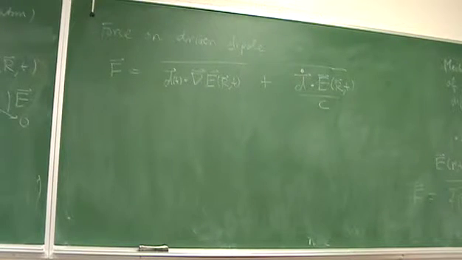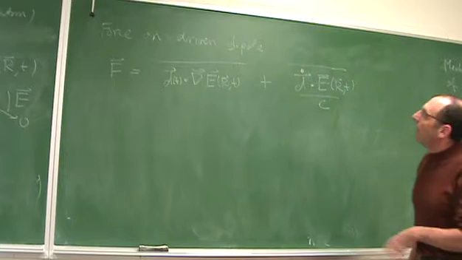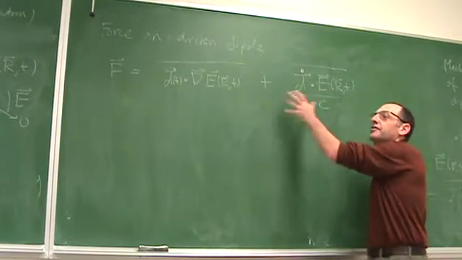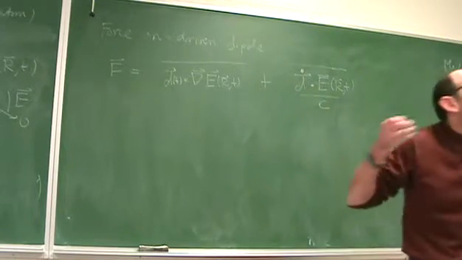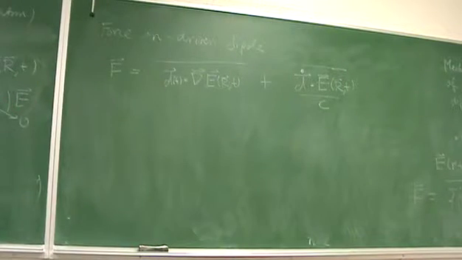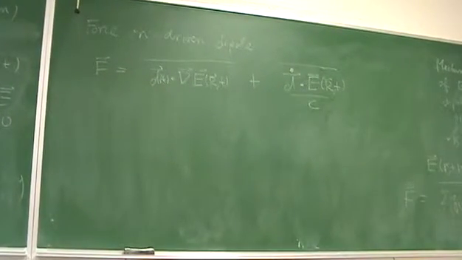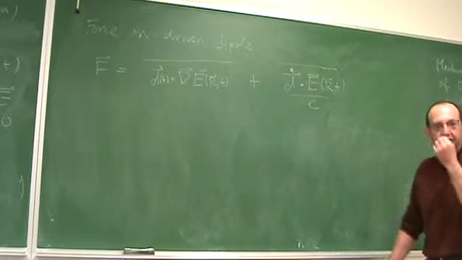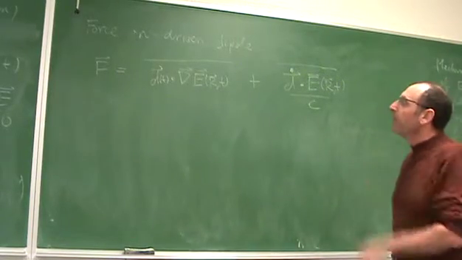How do we interpret these two terms? Well, let's look at them. They're two very different kinds of forces. They have different physical origins. I mean, they all have fundamentally the same origin. They have to do with the fact that we're driving dipoles and currents, and those dipoles and currents then interact with the E and B fields. But ultimately, they have very different effects on the motion and the force that's induced on this dipole.